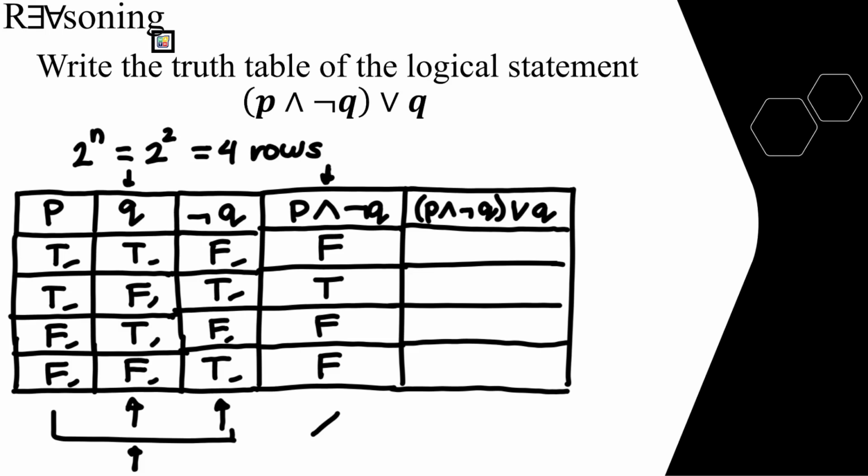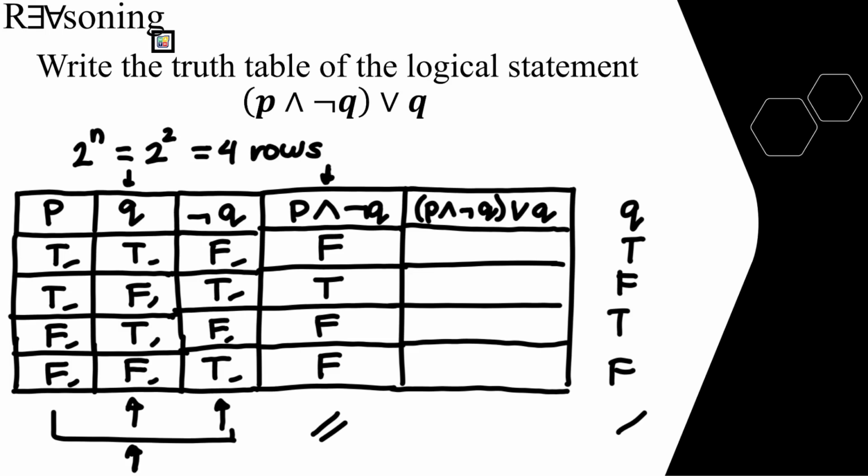Some of us might want to write Q here just for a basis of our connection with our next logical operator. Look at the second column: false, true, and false, because this together with this will be subjected to disjunction. But for some of us who can automatically use this second column, it's okay. I'm just illustrating this for easier understanding of the final result.